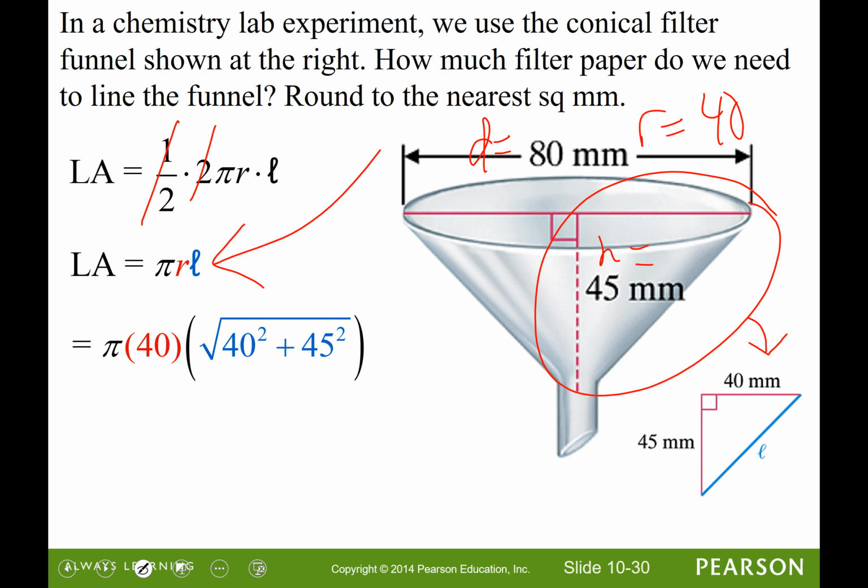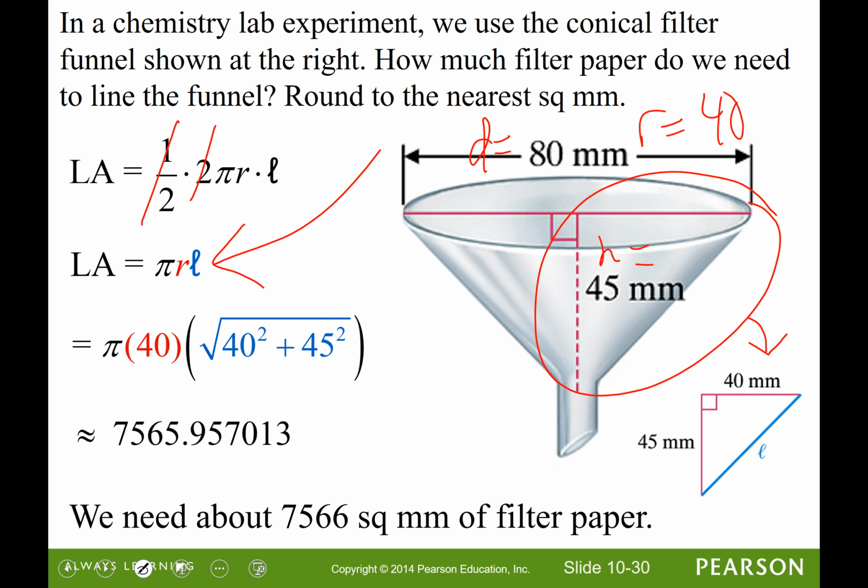Use the Pythagorean theorem to find the slant height, and then we get approximately 7,565.95 and so on, rounded to the nearest square millimeter, is approximately 7,566 square millimeters of filter paper.